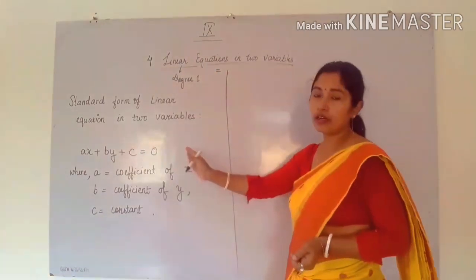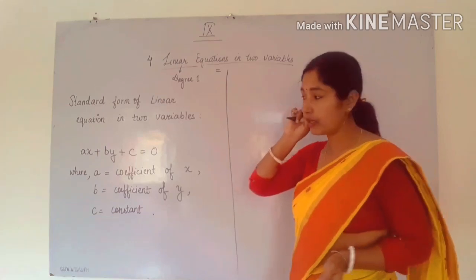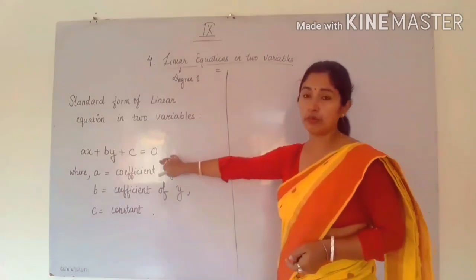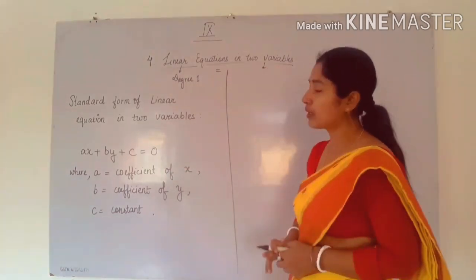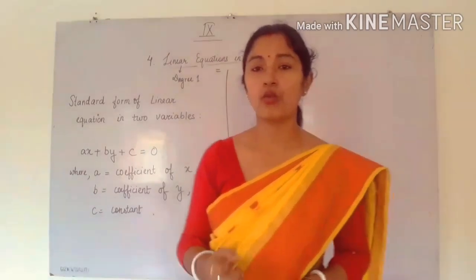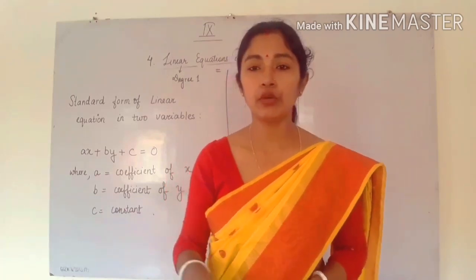Equal to, there is a real number or any constant value or variable assigned in the right hand side position. Next is two variables. What is the meaning of two variables? We have to write any two variables. It may be x, y, or you can take any other variables, for example p, q, r, s.